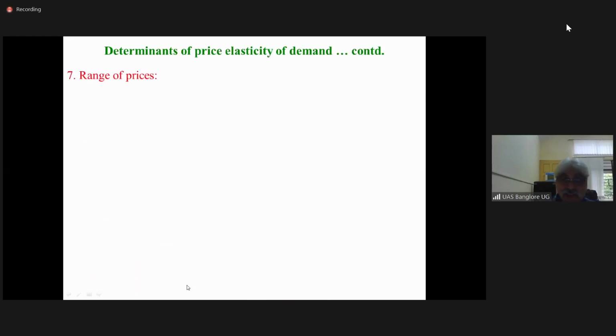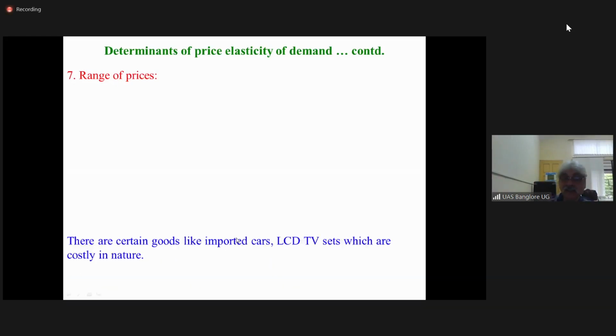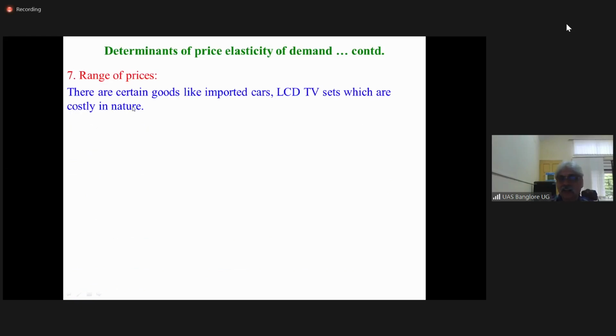Then the seventh one is range of prices. How high is the price? How low is the price? This range of prices also affects the price elasticity of demand. There are certain goods like imported cars, maybe your Audi or something like that, LCD TV sets, which are costly in nature.